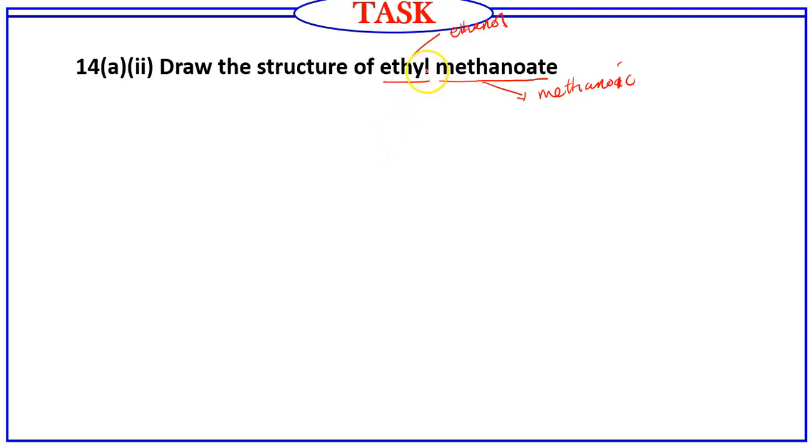So the alcohol is written last, pronounced first. Remember this, the first shall be the last, okay? So the alcohol part is written last but pronounced first. So this is coming from the alcohol. Therefore, that is what we are going to write last. So we are going to write the ethyl group from the alcohol last.